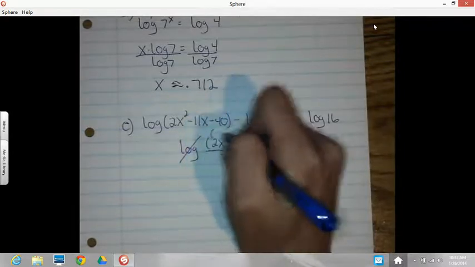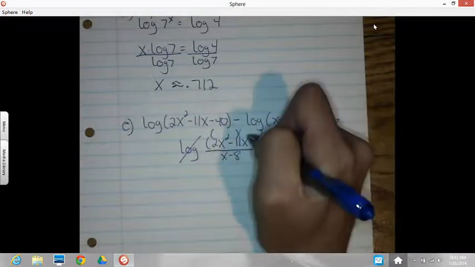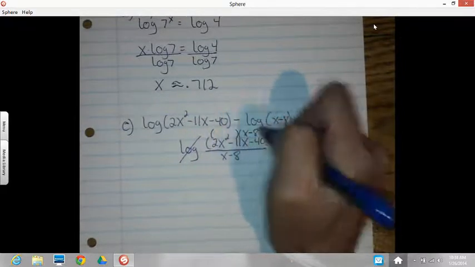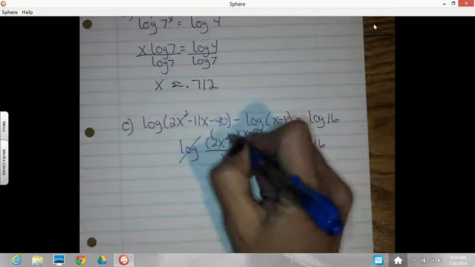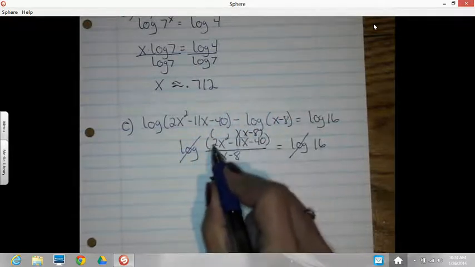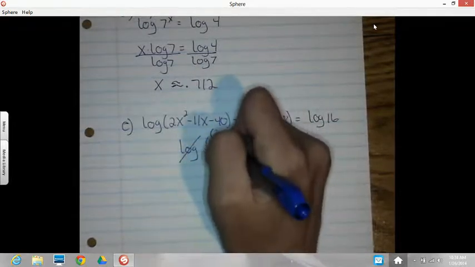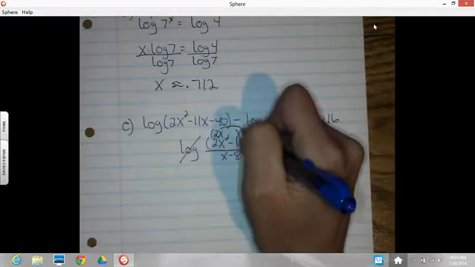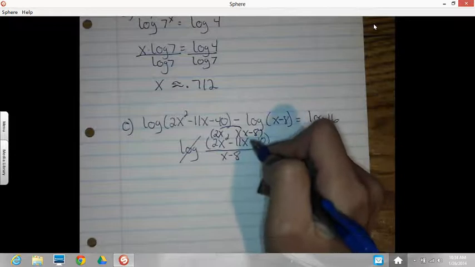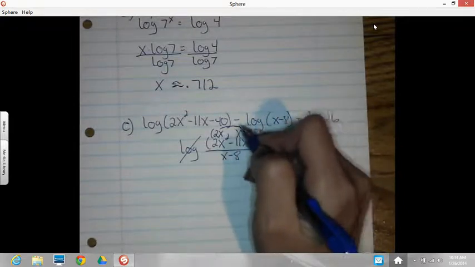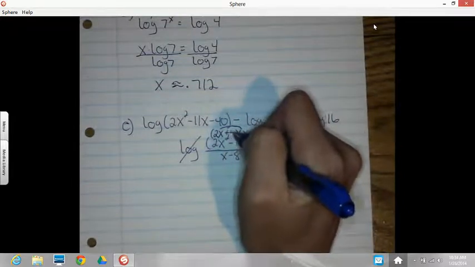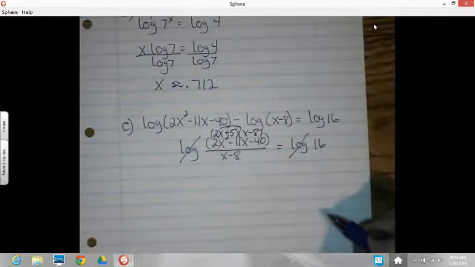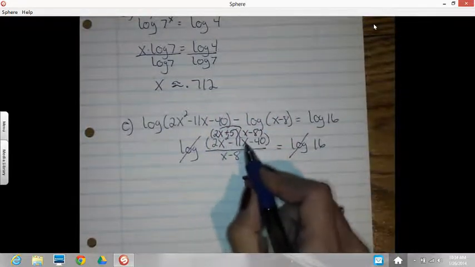I'm just going to try it. Put an x, let's see. I need to get 2x squared, so I know I need a 2x here. And that'll give me my 2x squared. I know I need to get a negative 40 when I multiply the last by the last. That would be a plus 5. So if I check to see if I get a negative 11, I would get 5x minus 16x.